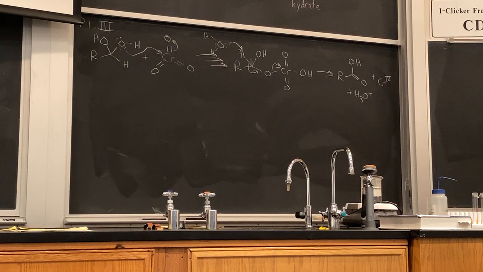Yes, please. Very good. There is no water present. PCC dissolves in dichloromethane. So we can run the reaction in the absence of water. Water is required to make the hydrate. So if we have no water, we have no hydrate. So that's why it stops at the aldehyde.